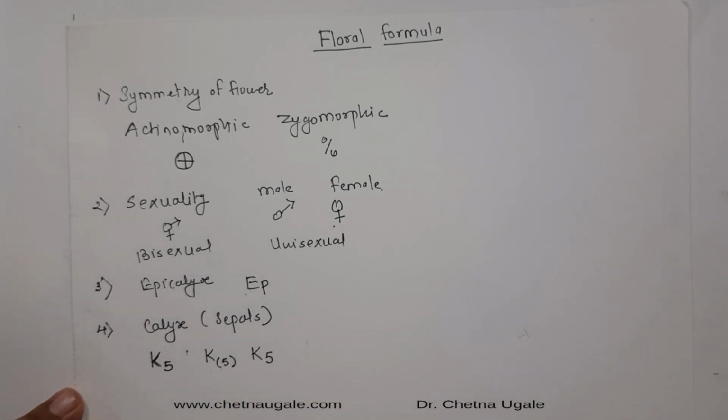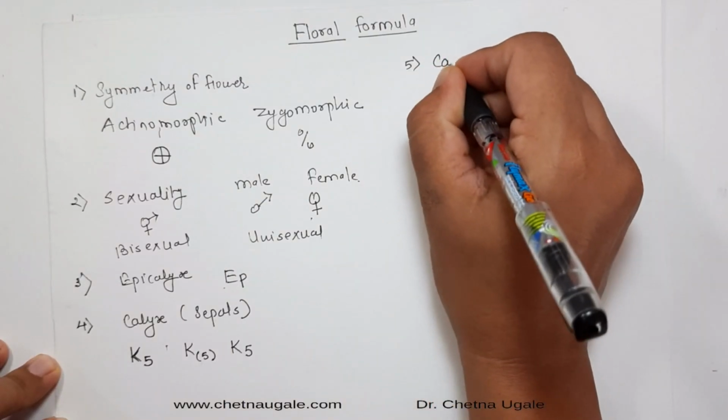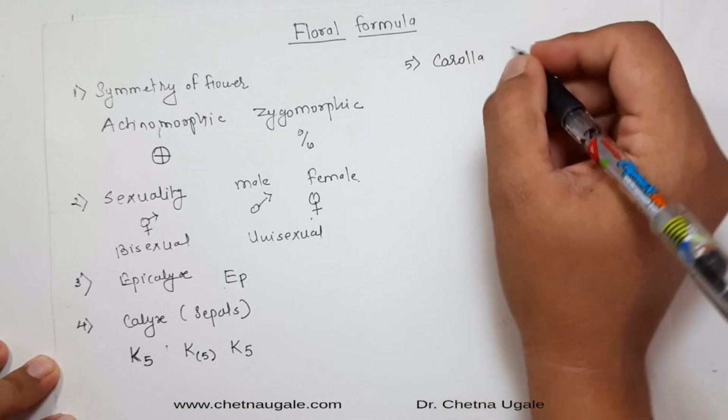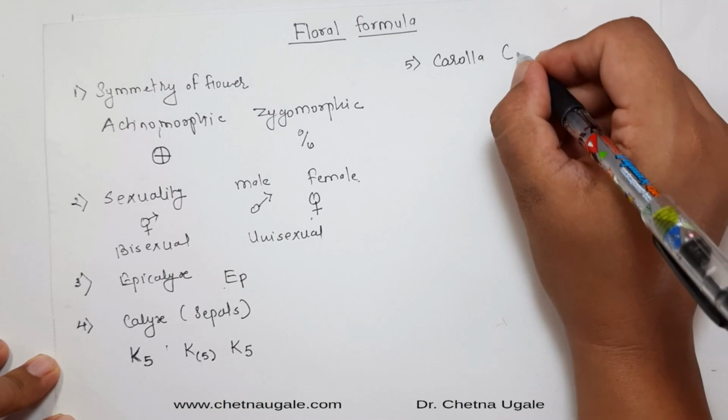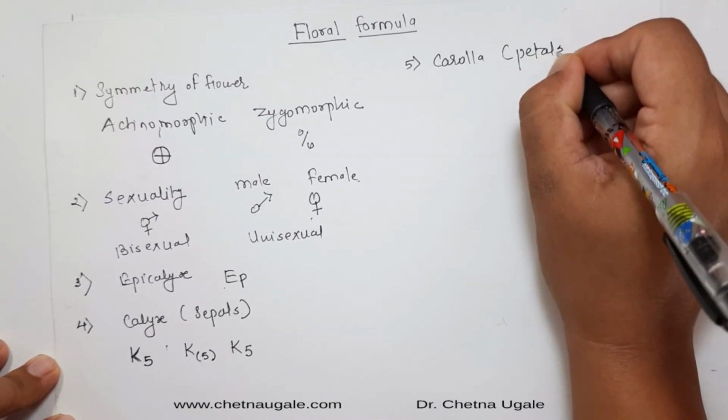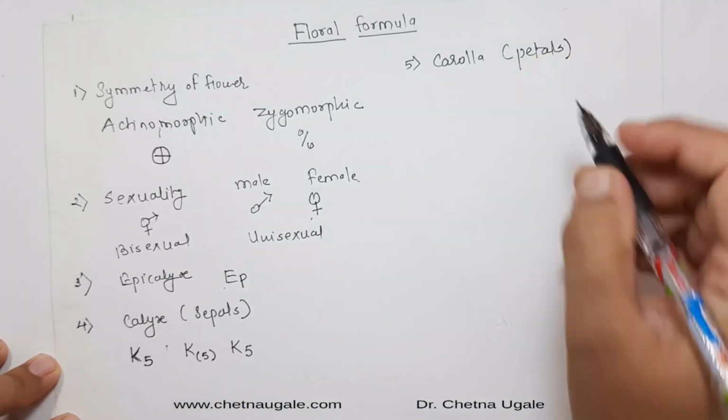The next one is the corolla. Corolla is the second non-essential floral whorl, which is composed of petals.